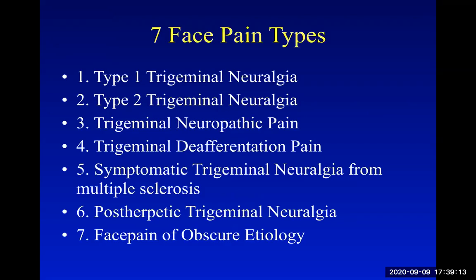Type 2 trigeminal neuralgia is generally an extension of type 1, meaning that patients with type 2 often started with type 1, and over the years, the pain has merged into a type 2 scenario. We'll talk about trigeminal neuropathic pain and what that means.